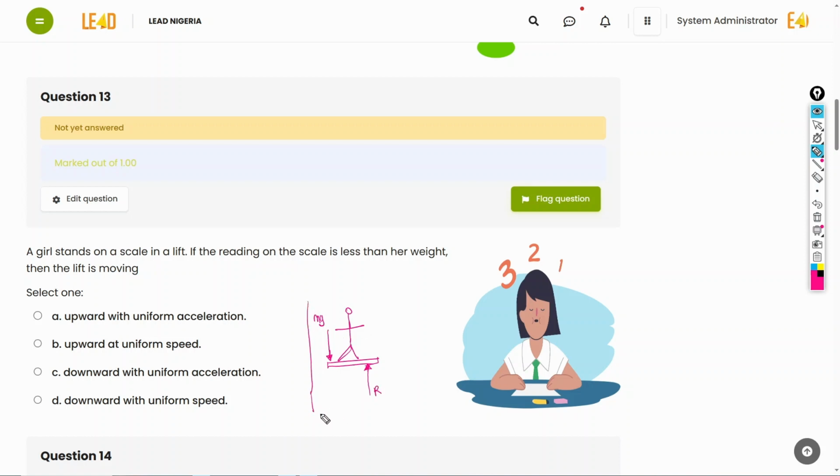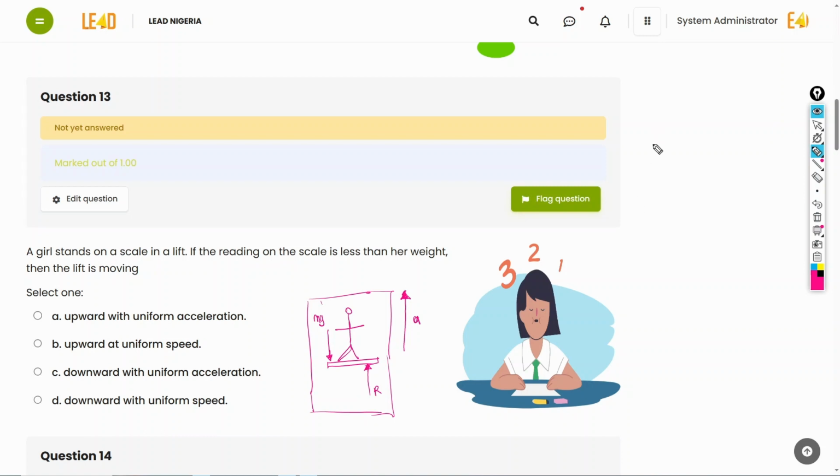Now the entire system is actually moving. So let's assume it's moving upwards. Then we can now discuss. That means you have an acceleration upwards. Sorry, it's accelerating upwards.